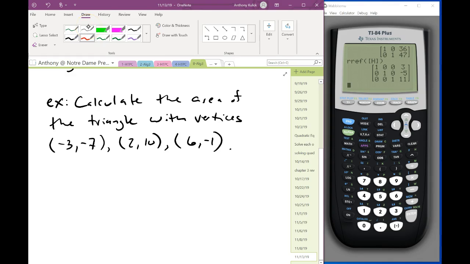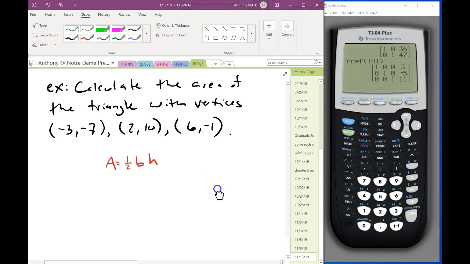Now in your geometry class, you probably learned how to do this, right? What would you want to be using in your geometry class to calculate the area of a triangle? Does anybody remember what that equation is? Yeah, 1/2 base times height, right?